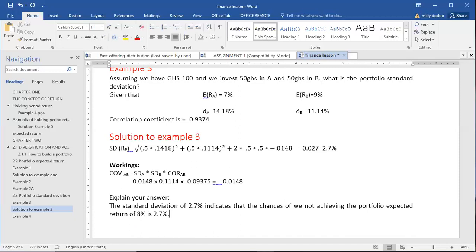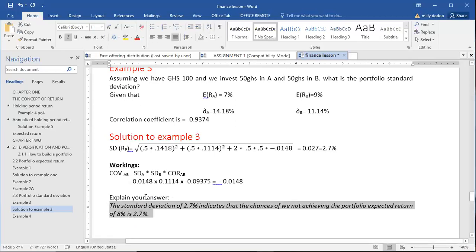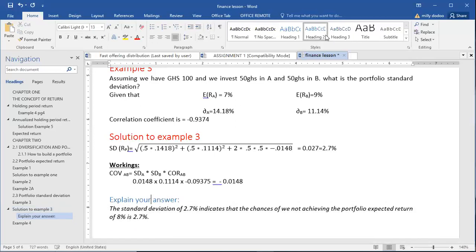So the chances that we are not going to achieve our portfolio expected return of 8% is 2.7%. That is what this 2.7% is telling us, or that is the explanation to this 2.7% you are seeing over there.